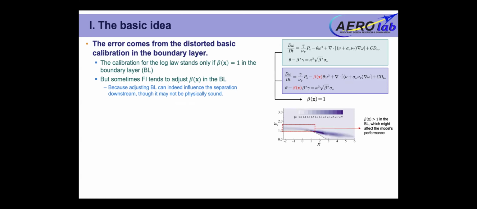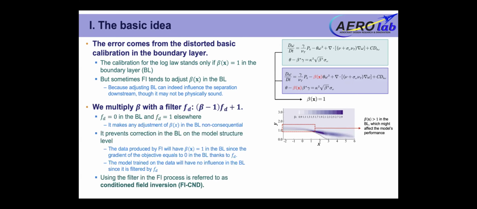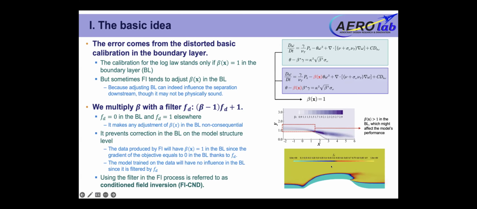But sometimes field inversion tends to adjust beta in the boundary layer, because adjusting the boundary layer can indeed influence the separation downstream, though it may not be physically sound. So we try to resolve this problem by multiplying the correction term beta with a filter function FD, like we are showing here. A typical distribution of the filter function FD is shown in the right corner.